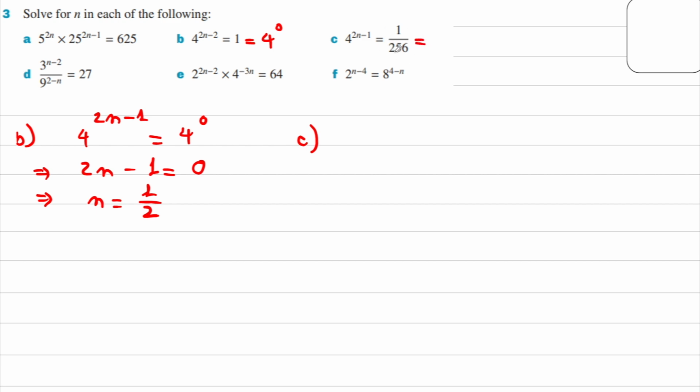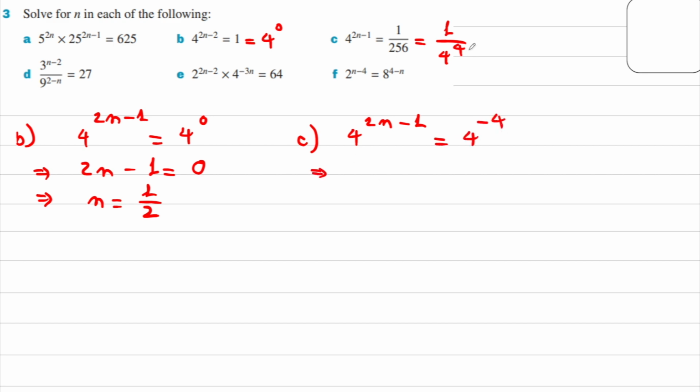Okay, a little harder for this one. 256. Okay, so this is 16 squared. 16 squared equal to 256. This means 4 to power 4. 4 to power of 4 here. And 2n minus 1 will be equal to 4 to power of minus 4.